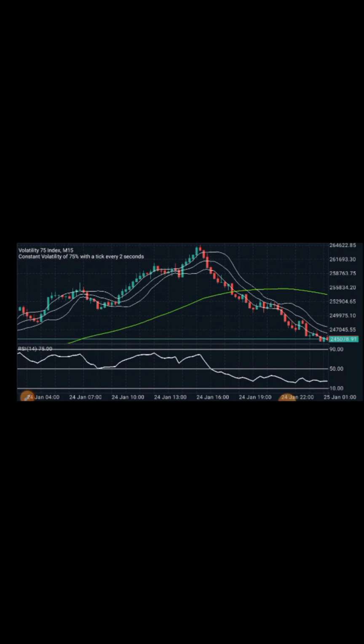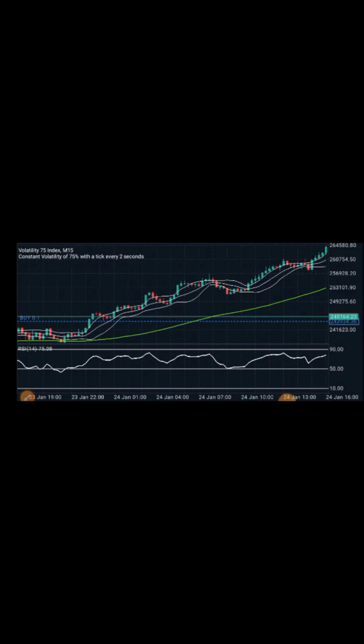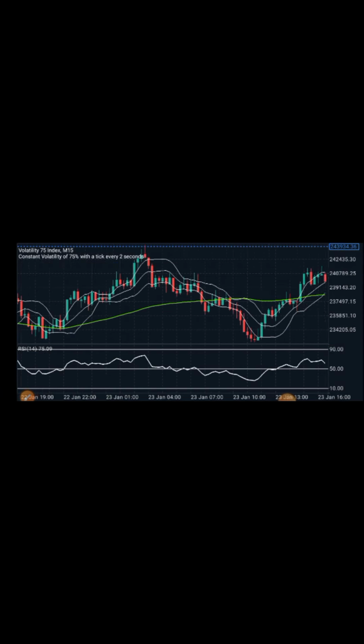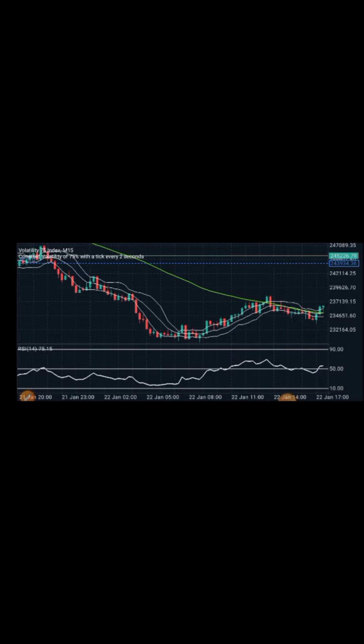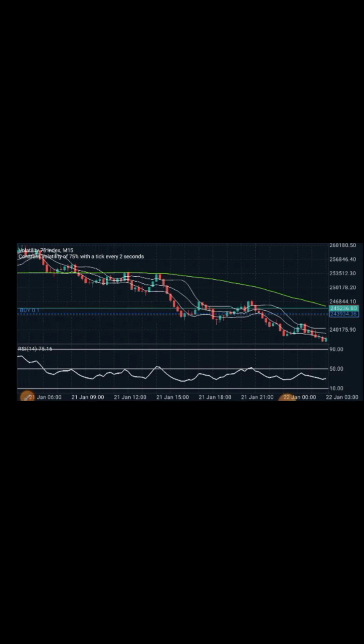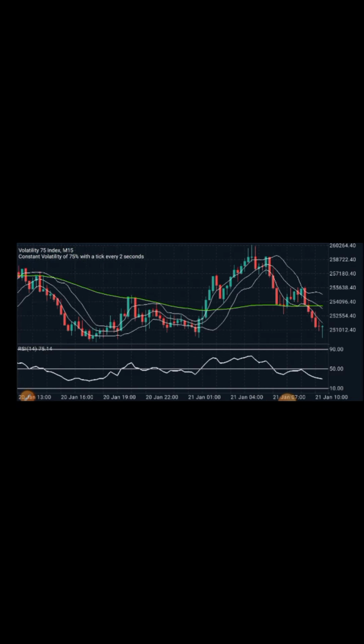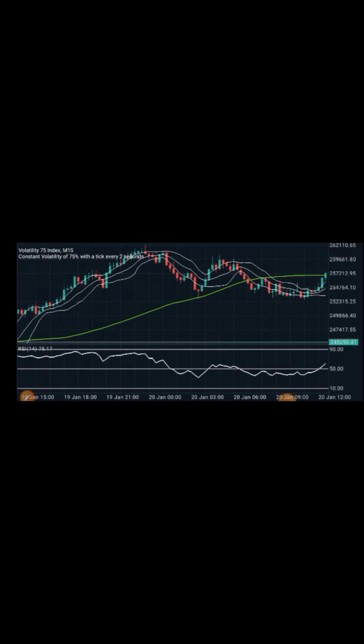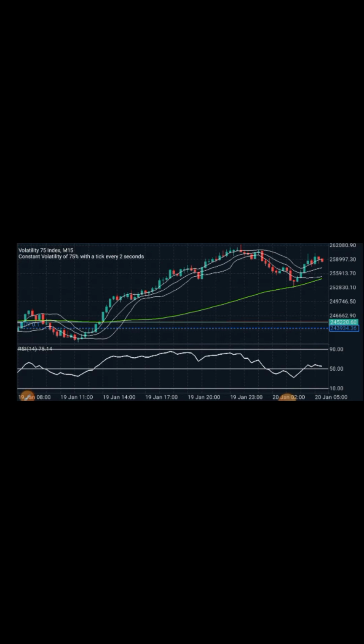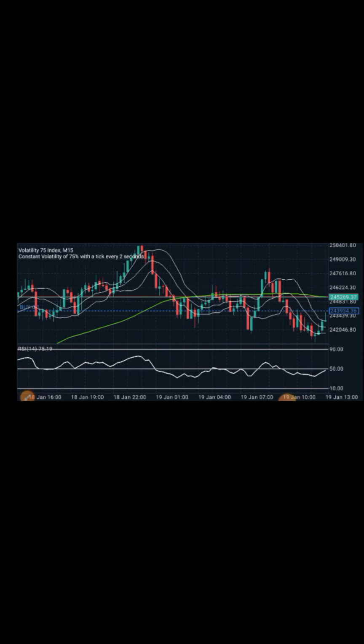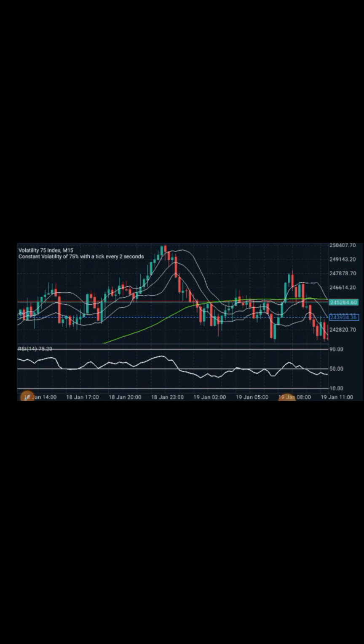Let's check again. This strategy is very powerful, very, very powerful. If you have the patience to wait for these conditions to be met, it's very powerful. See another condition here. This condition here is for buy.